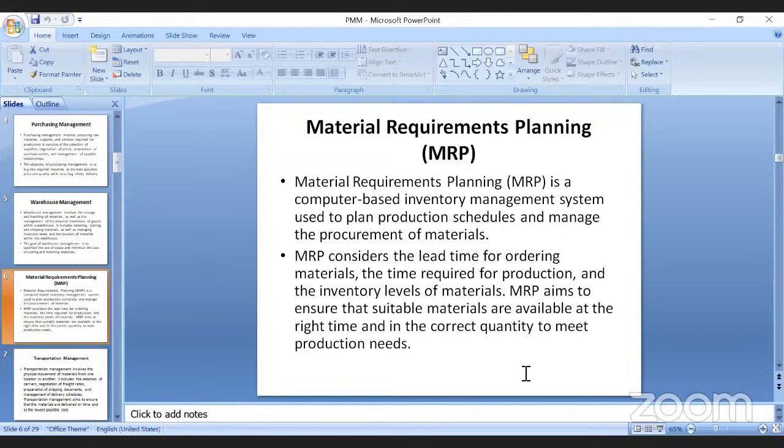You are ensuring these good materials are ready for the production system, that it is the right time to utilize them, and how much quantity is required according to the production demand. Yes or no?